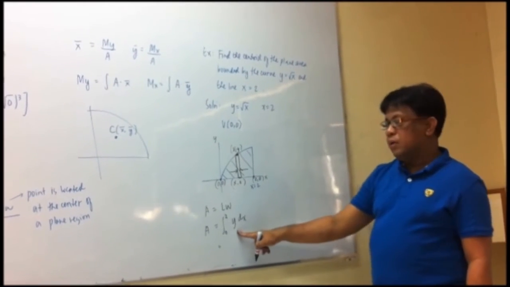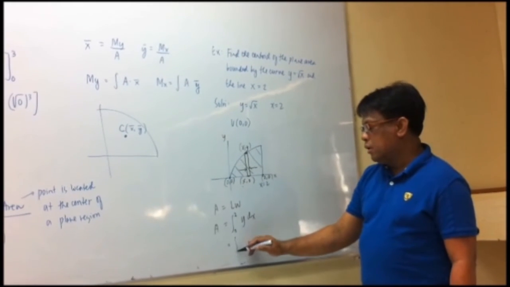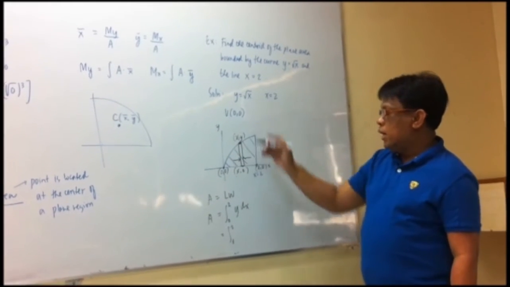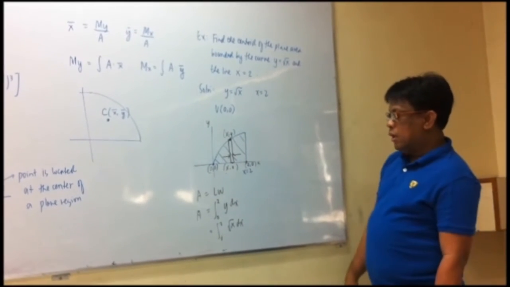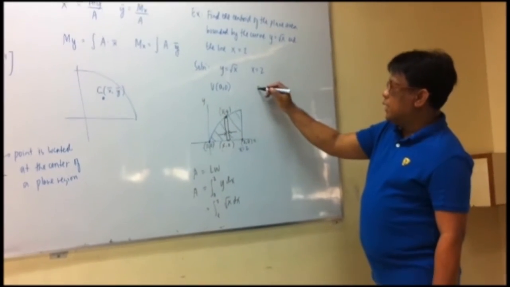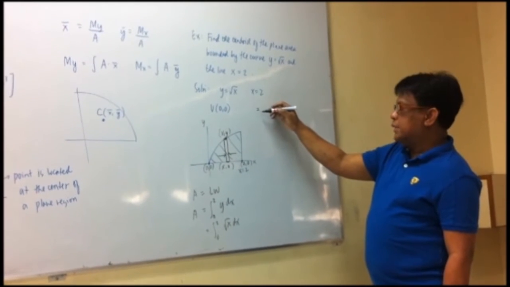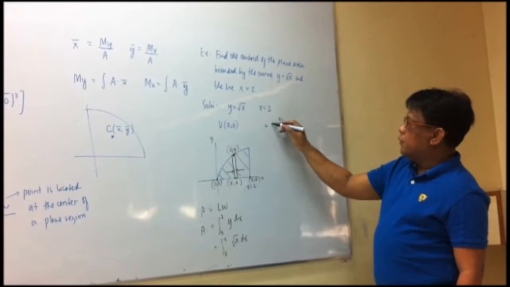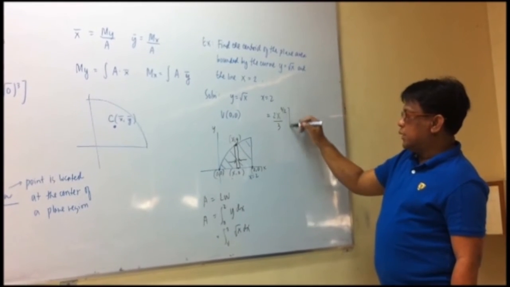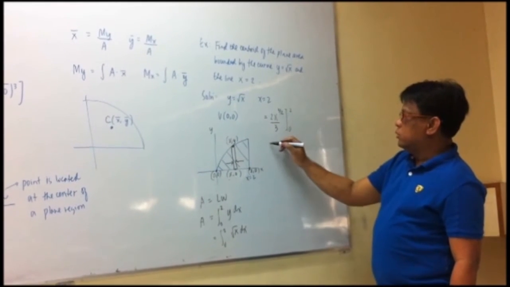Then let us now define y. We cannot integrate because this is y in terms of x. So, defining y equals square root of x, dx. Okay? So, let us now integrate square root of x dx. That is x raised to 3 halves, then we have 2/3 as the coefficient, from 0 to 2.